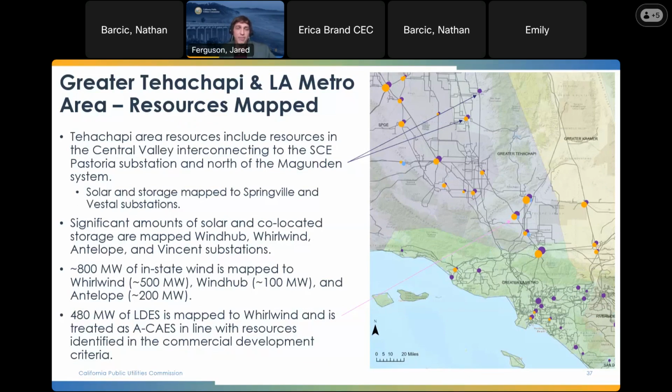In the Tehachapi area, we also have about 800 megawatts of in-state wind, and a significant amount of solar and co-located storage at Windhub, Whirlwind, Antelope, and Vincent substations in the more standard Tehachapi area. And lastly, we have about 480 megawatts of long duration energy storage mapped to the Whirlwind substation. Next slide.